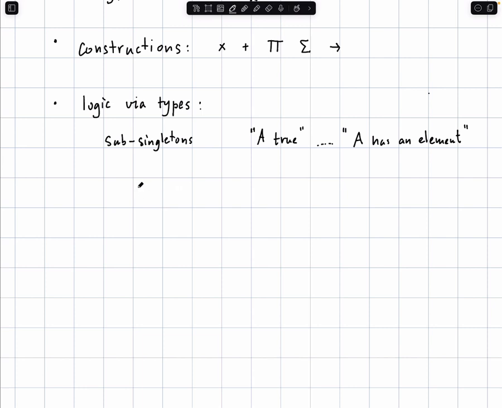So how did that work? We had this table, which goes under the name Curry-Howard correspondence. And if this were France, we would make a big deal out of it.